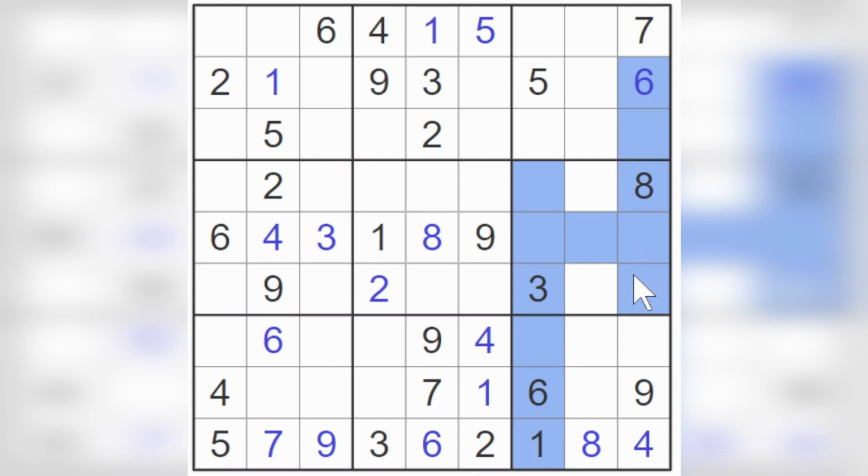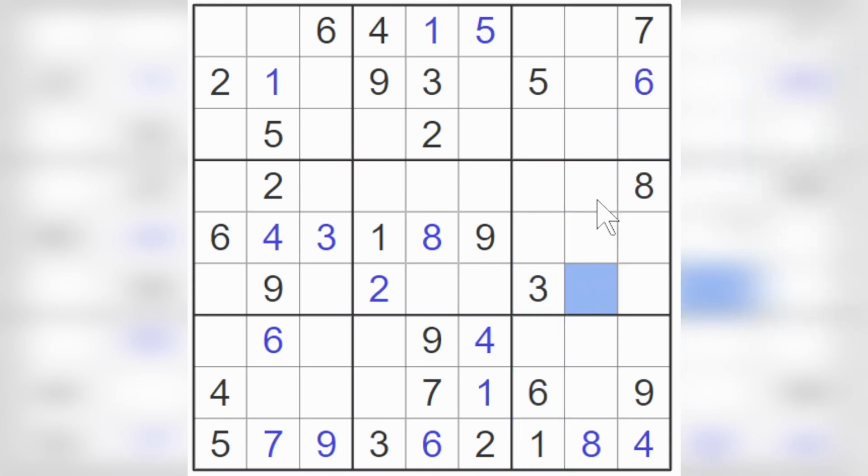Now we got a 6 blocking down, so one of these must be a 6. One of these must be a 1 because of the one blocking up and one blocking over. And one of these we know is a 9. It's a little meager, isn't it?